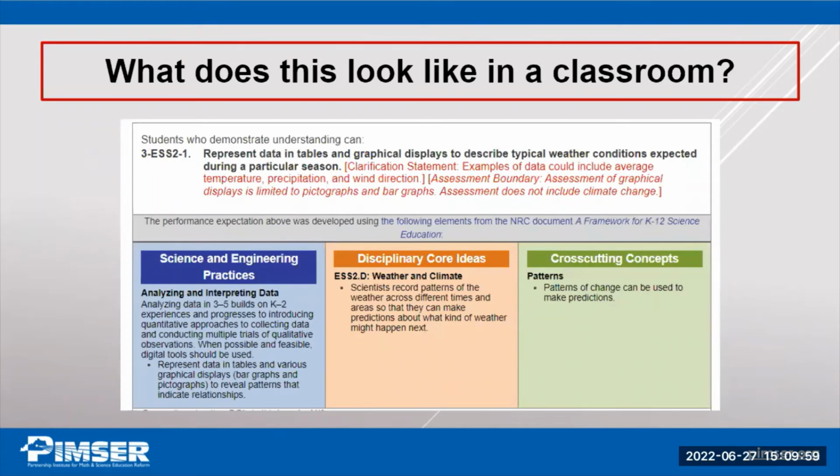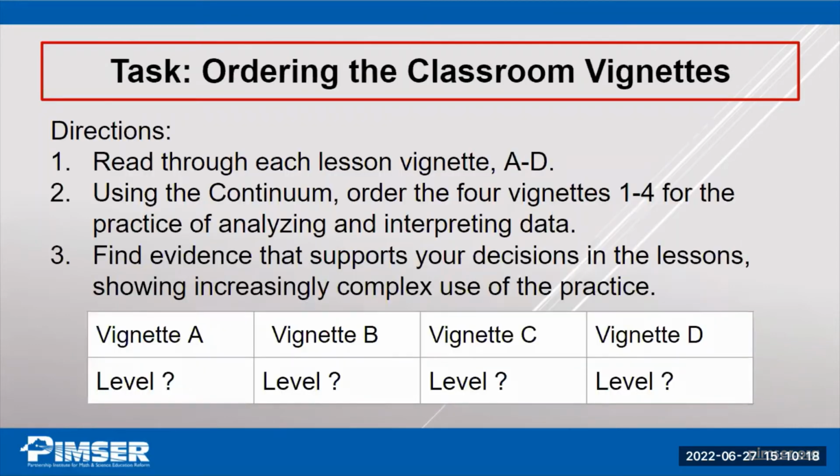Here's the performance expectation that this lesson is addressing. 3-ESS2-1, represent data in tables and graphical displays to describe typical weather conditions expected during a particular season. So here's the task.